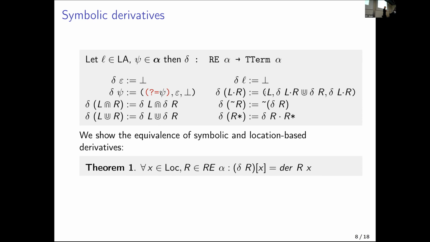And now we show equivalence of the symbolic definition and the sort of concrete location-based derivatives. So if we take the transition term and evaluate it on a location, it corresponds precisely to the standard derivative definition, which allows us to work entirely with the symbolic variant.